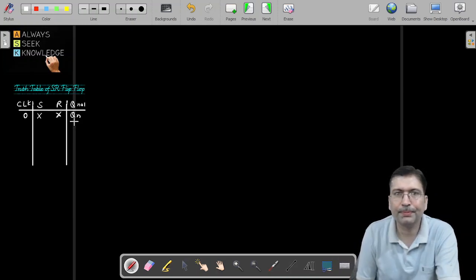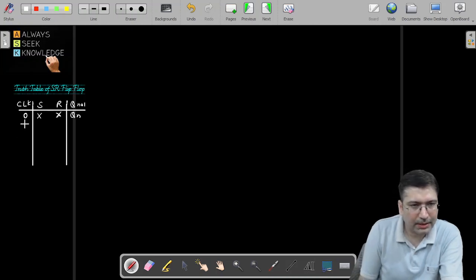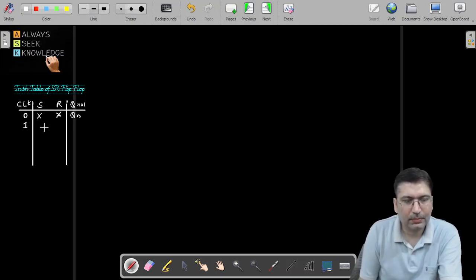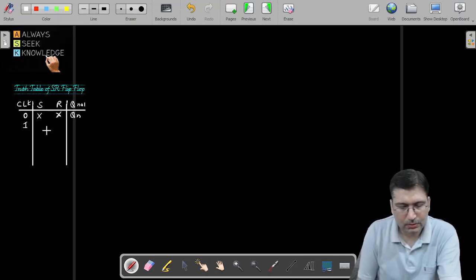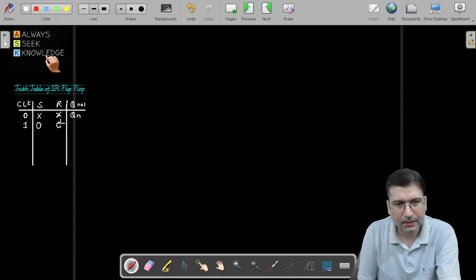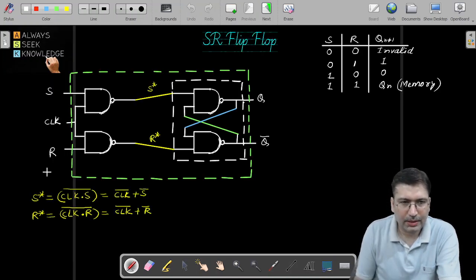Or the output, right? But in case the clock is 1, it depends upon what values we are passing. So let's consider that you are passing 0 0. Now look at the circuit. Let's say this is 0 and this is also 0.